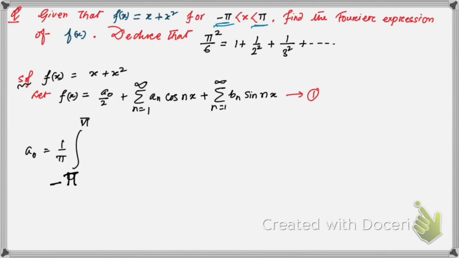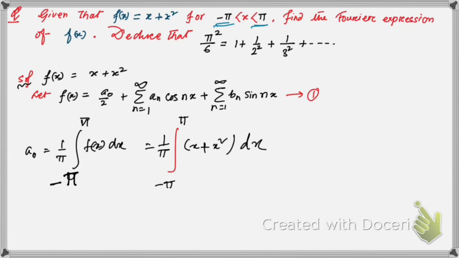So a naught is 1 by pi times the integral from minus pi to plus pi, and f of x is x plus x square, dx. That is what we have got. Now integrate and put the limits, then you will get the value of a naught, right? So now let me show you.